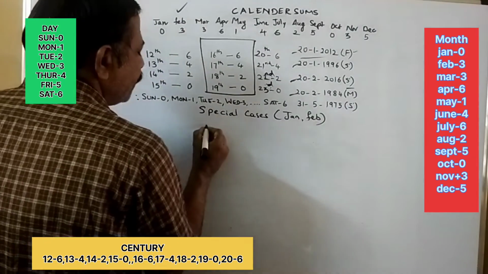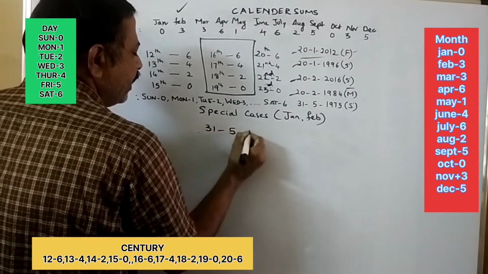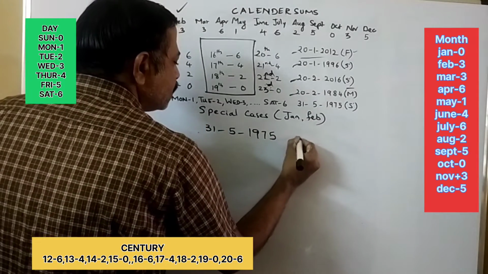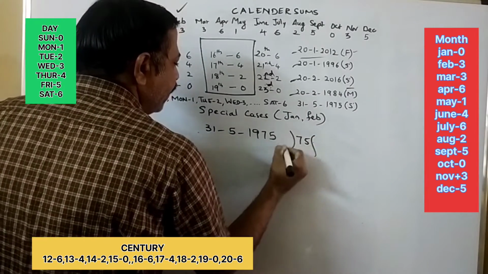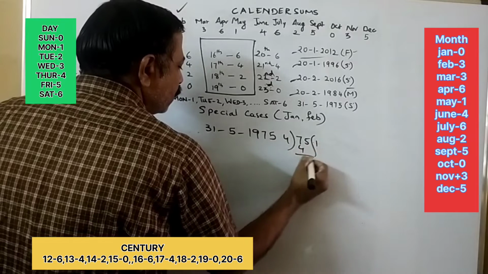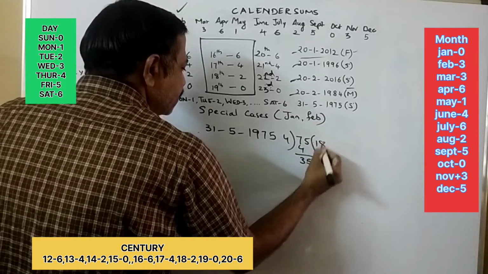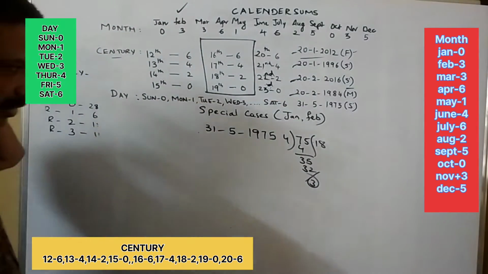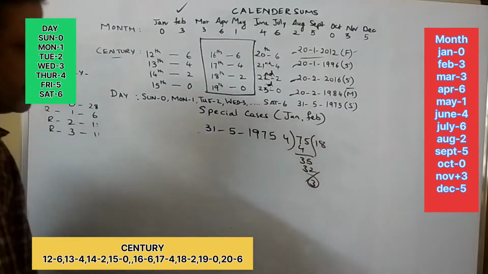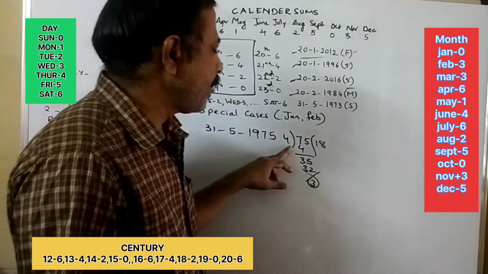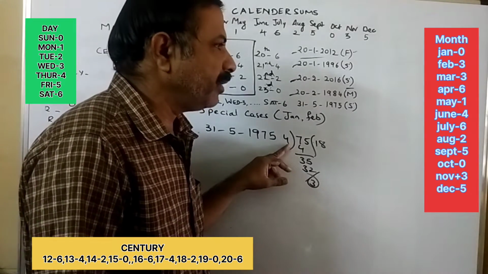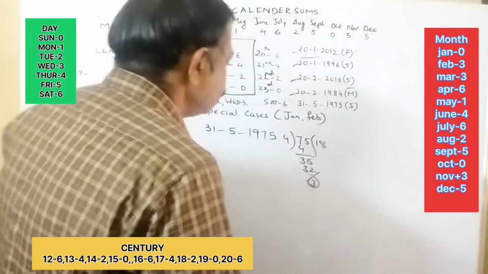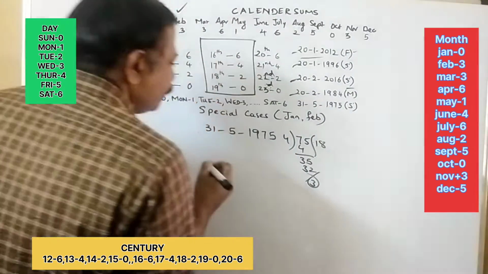So date is 31 May 1975. So 75 divided by 4. 4 ones are 4, 35. 4 8s are 32. Remainder is 3. Okay. Isn't it? So 10 4s are 40. 4 times 40, 4 is 32, 72.